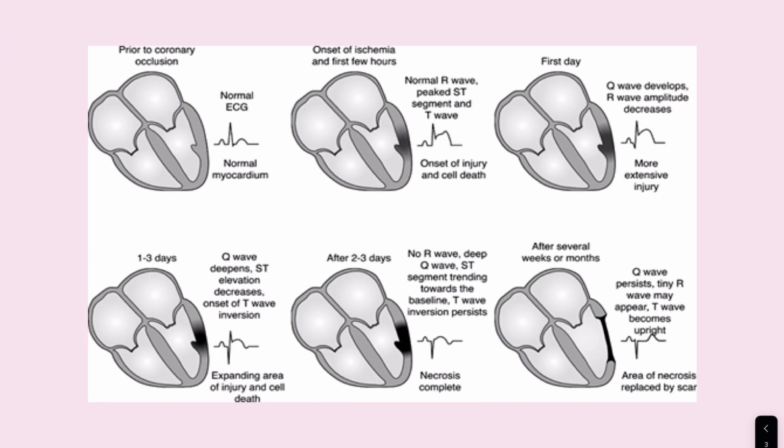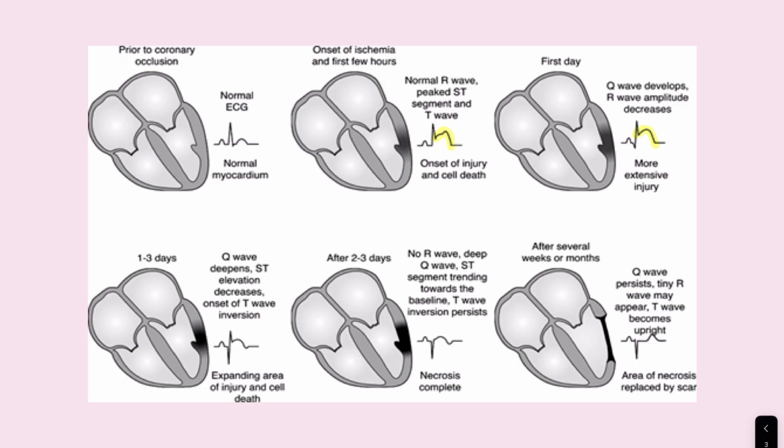I think this diagram is interesting as well, just to go over the timing of EKG changes and how they might appear. This is a little bit broader than the first couple minutes and hours breakdown. But the key points I want to point out here are the tombstone that we see when we have our extensive injury or our infarct.